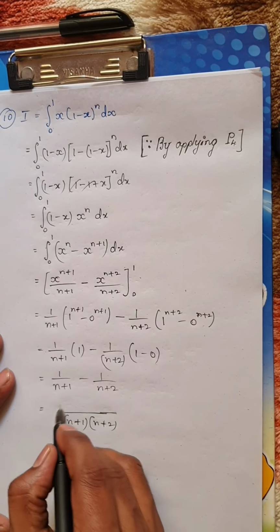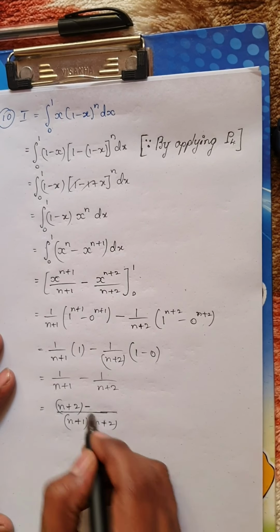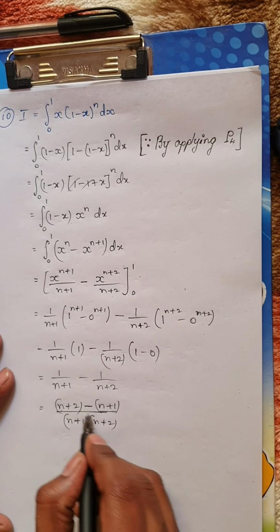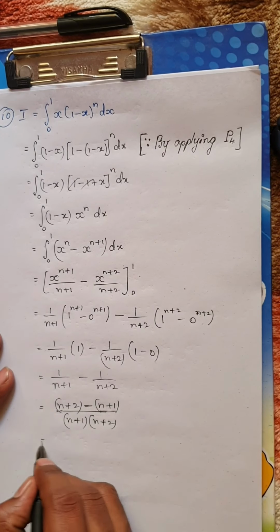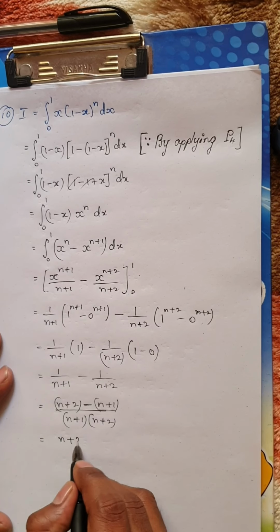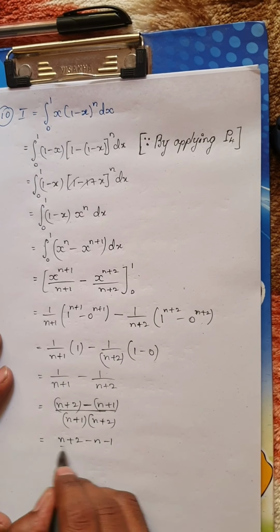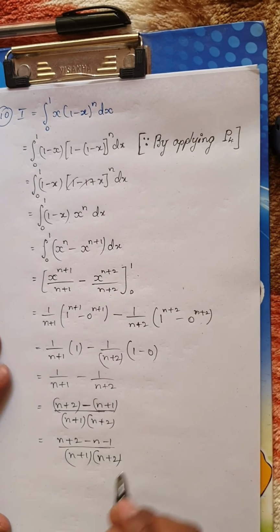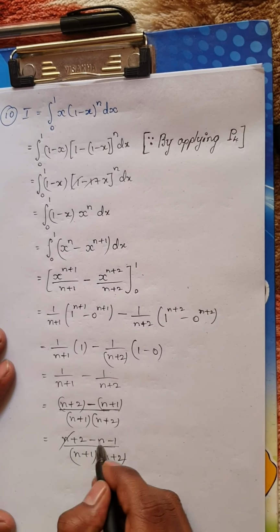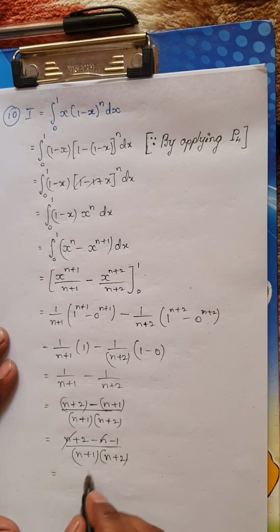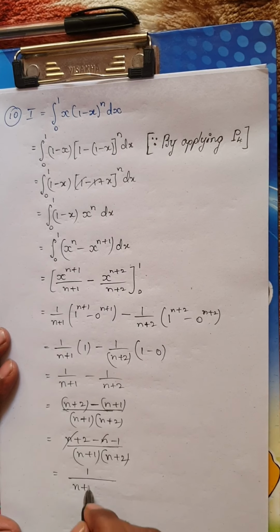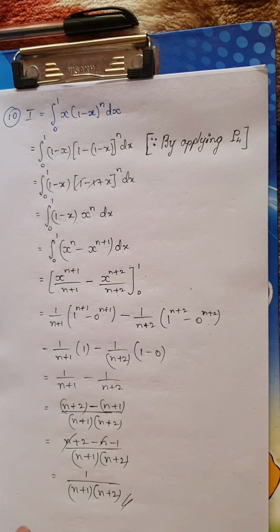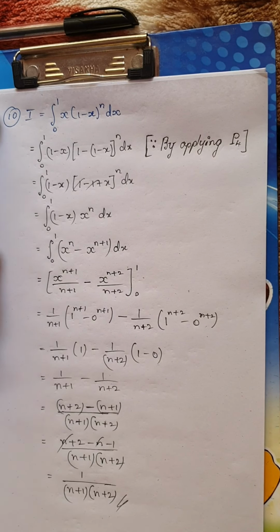I already have n plus 1, so use the factor n plus 2, minus, here the factor is n plus 1. Remember, when you have two factors, use a bracket. Now removing the bracket, it will be n plus 2 minus n minus 1 divided by (n plus 1) into (n plus 2). Plus n and minus n get cancelled. 2 minus 1 would be 1 divided by (n plus 1) into (n plus 2). So this would be the final answer for the above given question.